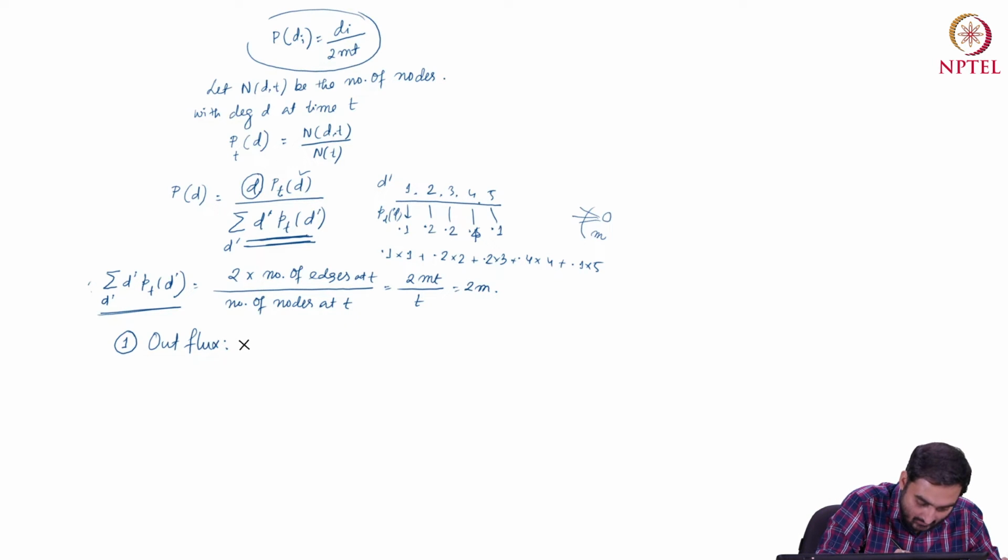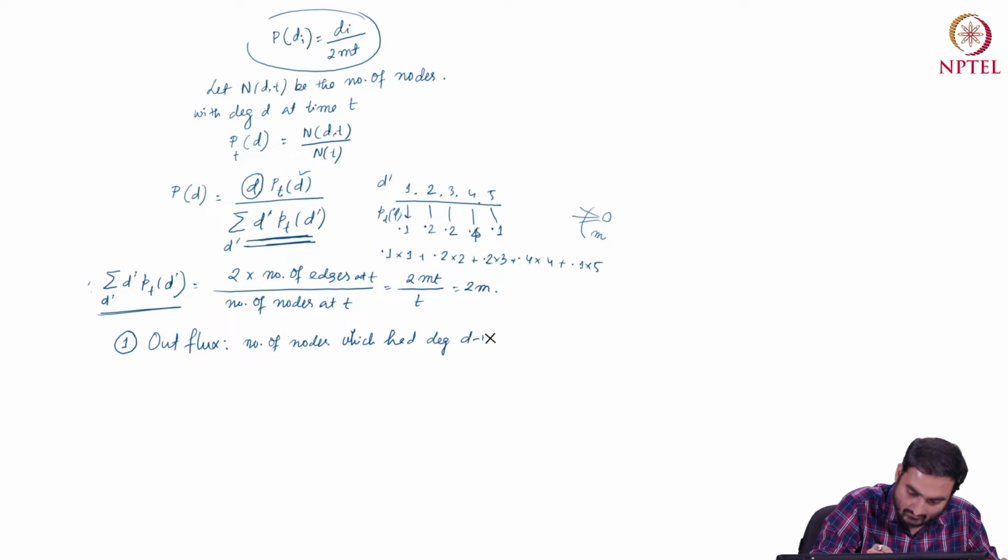Outflux is the number of nodes which had degree d minus 1, and upon addition of the node. So we are interested in the situation when a particular node is added.